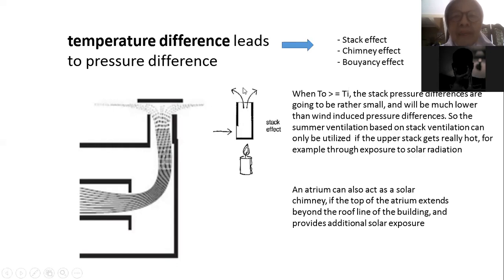If we remember the principle like this, the warm air rises up and the cooler air flows from the lower side opening of the building. We can say that the stack effect ventilation is either chimney effect ventilation or buoyancy effect ventilation.